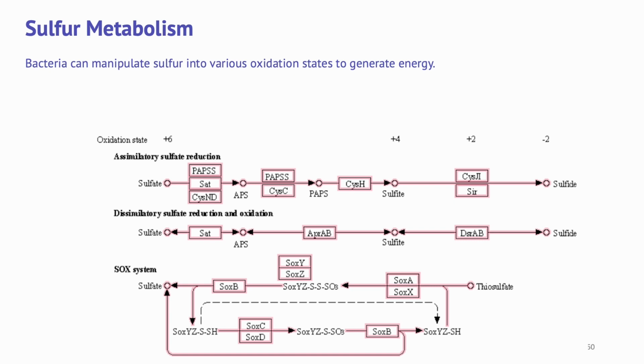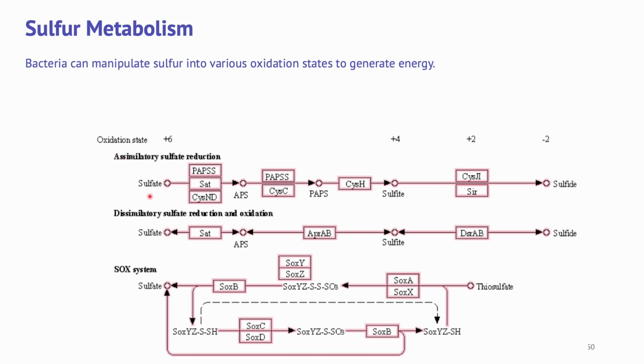So this is a KEGG pathway of sulfur metabolism. I know KEGG pathways can seem a little overwhelming, but the cool thing is that you can see different types of metabolism. So here's assimilatory sulfate reduction, right? You can see all the enzymes that a microbe can have that can take sulfate and eventually convert it to sulfide.